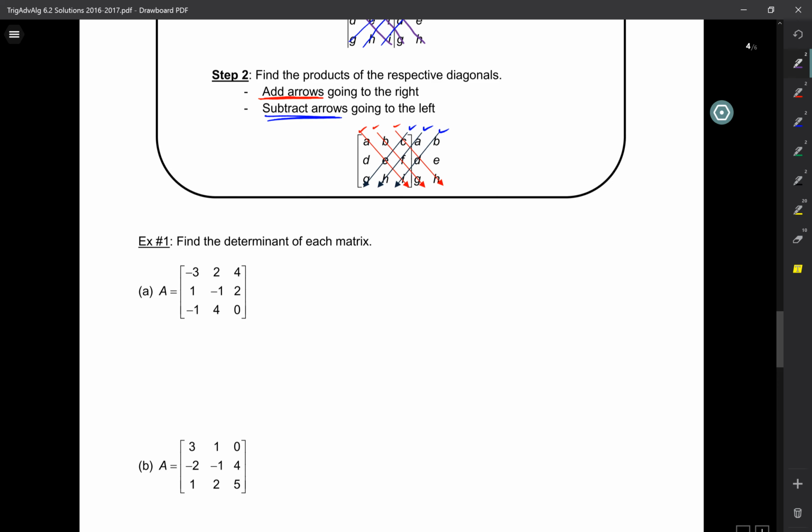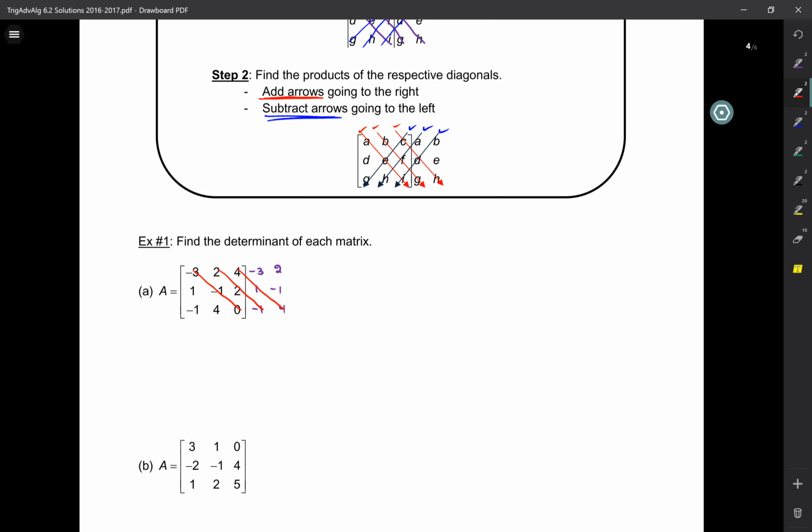Okay, so watch. I'm going to reproduce the first 2 columns here, right? So -3, 1, minus 1, 2, minus 1, 4. Now, I'm going to do my first diagonals. 1, 2, 3. There are 3 diagonals.